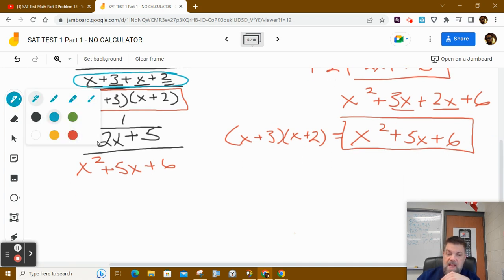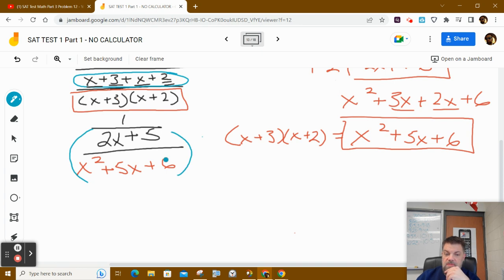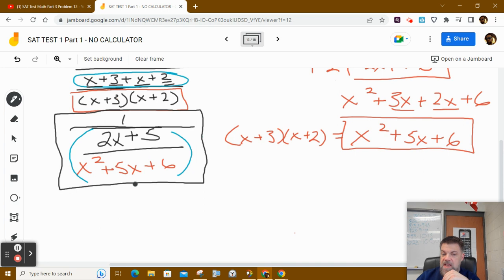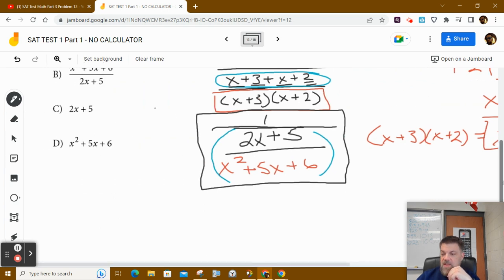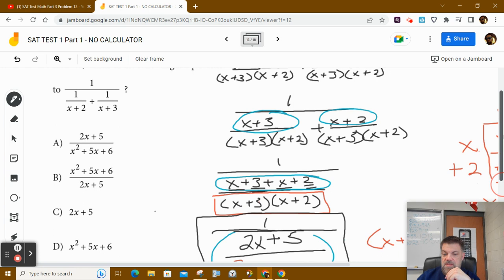So really what I have is 1 over this stuff. I don't know if you guys realize this, but this is a fraction being divided by a fraction, isn't it? I have 1 divided by a fraction. You guys with me on that so far? When I look at the answers, A might be it, but it's not it. It's really B, and let me explain why.